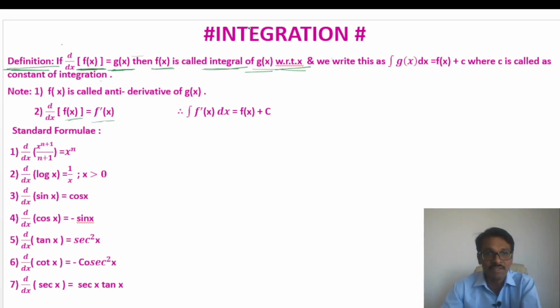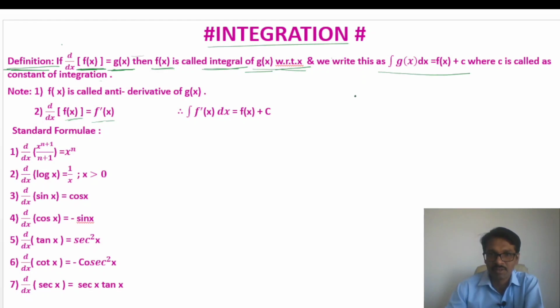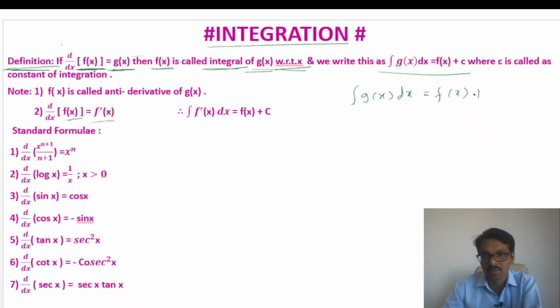Integration means the reverse process of derivation. It's called the anti-derivative. Take this example: the integration of g of x with respect to x gives f of x plus c.